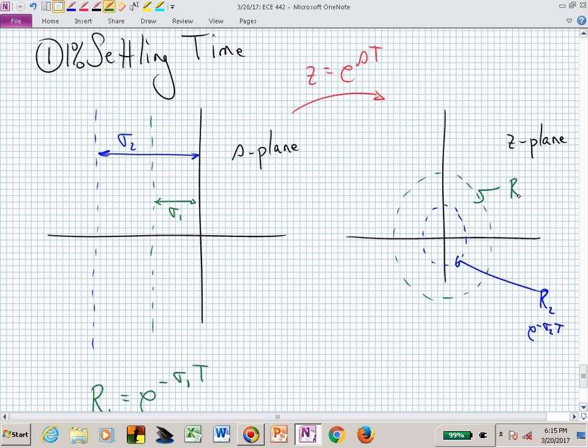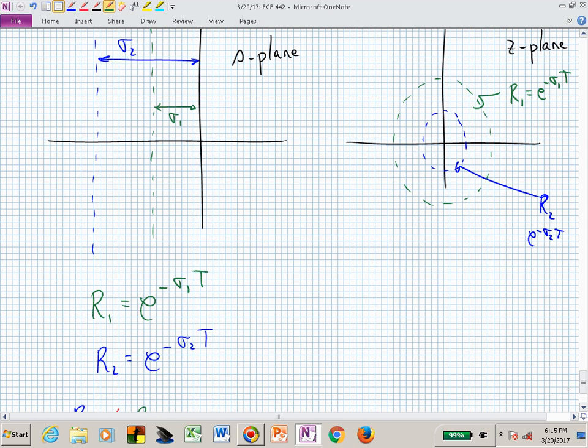Here is now r sub 1, which is e to the minus sigma 1t. And I hope now you see circles in the z-plane, or a bullseye. As we make the damping larger, we're collapsing that circle. We have concentric circles, and those concentric circles are getting smaller as we make the system faster. The closer we get to the origin, the quicker that response will be.